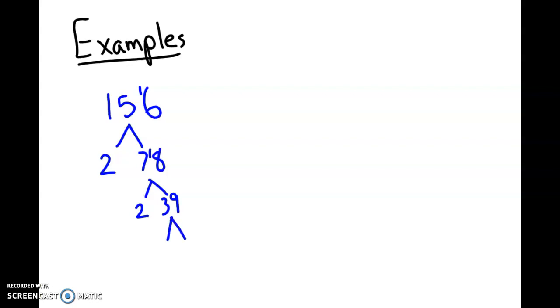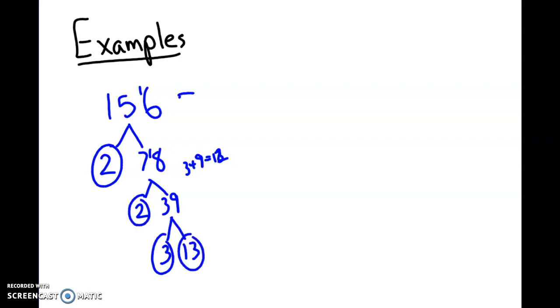Well, this is where we have to use our divisibility rules. 3 plus 9 is 12, and 12 is a multiple of 3, so that means that the whole thing is a multiple of 3. So I can put a 3 there, and then this is 13. And now I've taken it as far as it can go. 2, 2, 3, 13. So its prime factorization is 2 times 2 times 3 times 13.